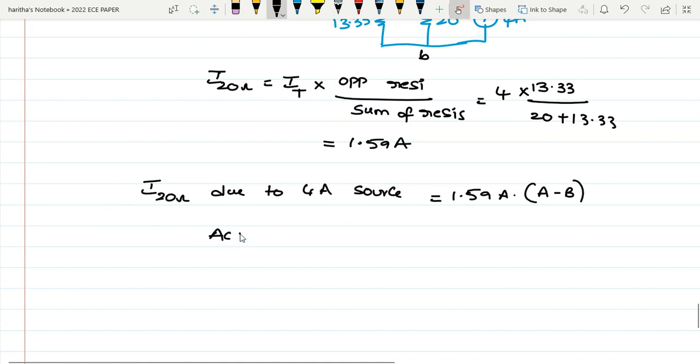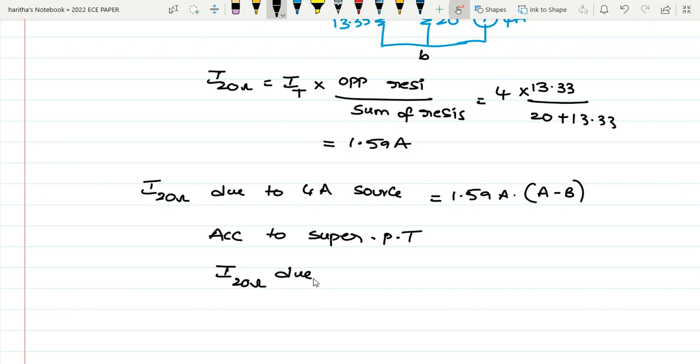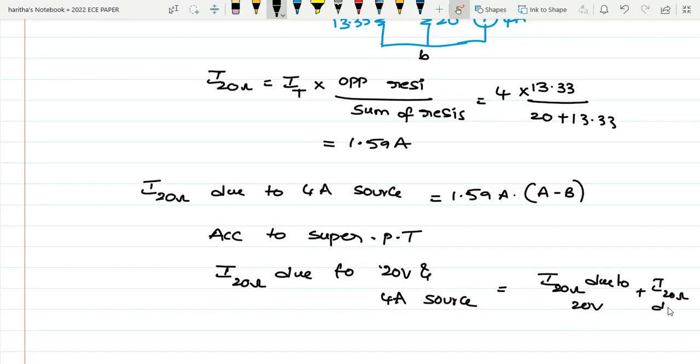So now according to the superposition theorem, the current in 20 ohm due to the two sources, the 20 volts and 4 ampere sources, is equal to the current in 20 ohm due to 20 volts plus the current in 20 ohm due to 4 ampere.